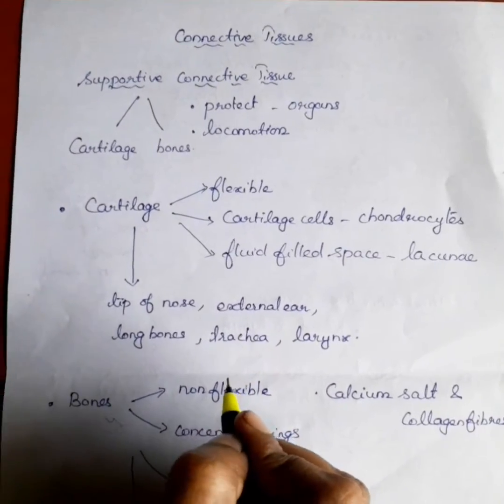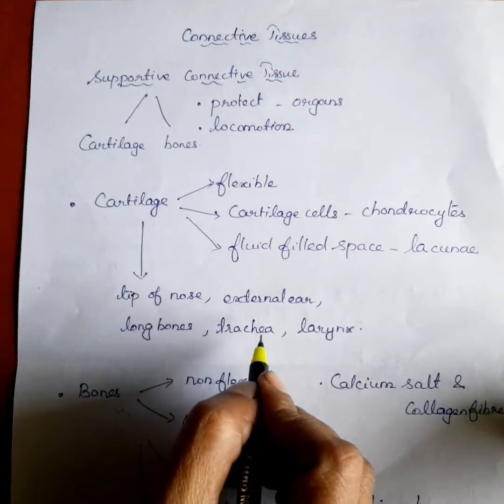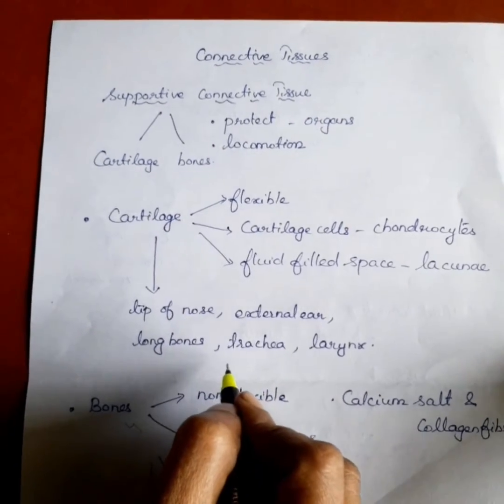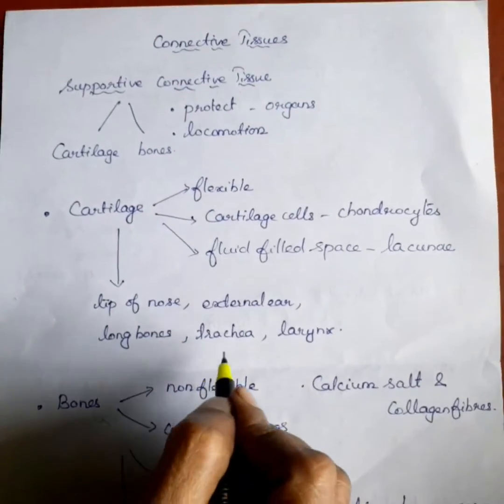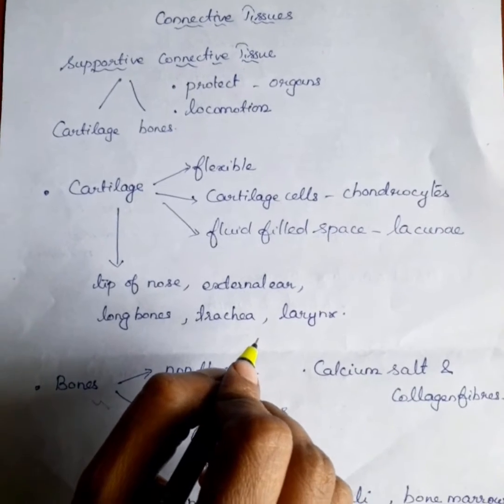Cartilage is present in the tip of the nose, the external ear, the ends of the long bones, the trachea and the larynx. What is the trachea? The trachea is the windpipe. It lies at the front part of the neck.